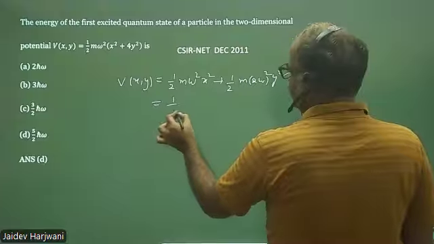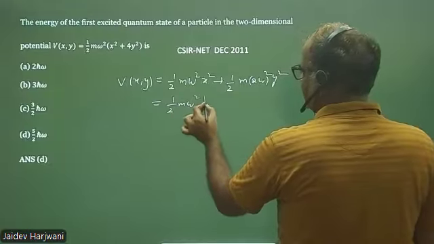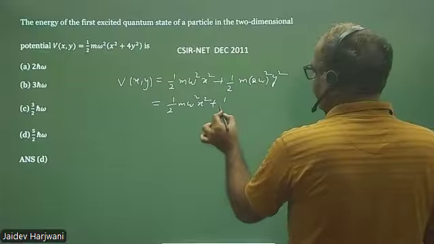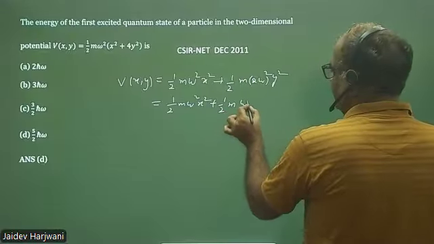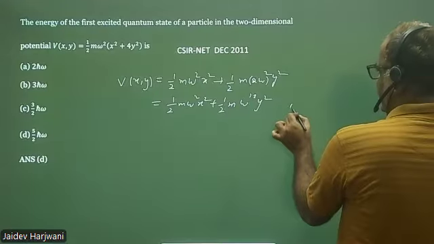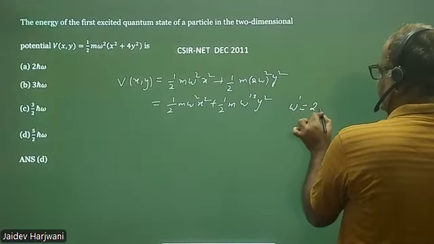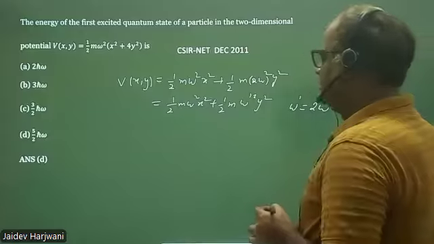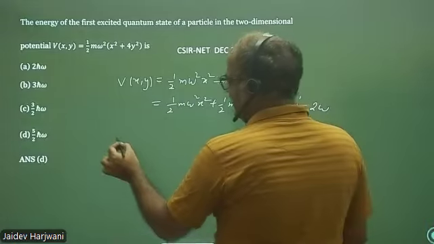So my potential becomes half m omega square x square plus half m omega dash square y square, where omega dash is equal to 2 omega.